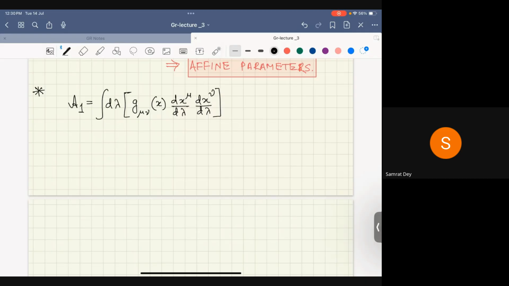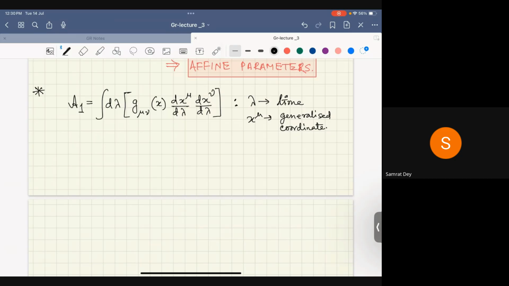This is what we have defined. So this is essentially nothing but a classical mechanics problem, where lambda is playing the role of time, kind of, and x mu is playing the role of generalized coordinates, so that you can write your action as L dt.